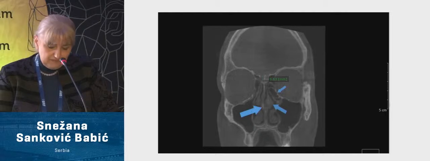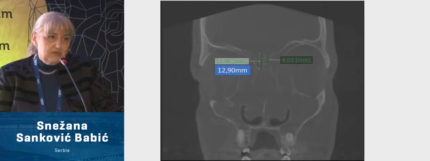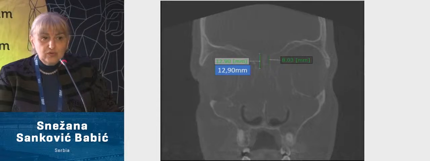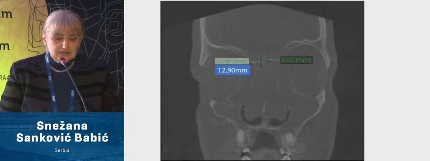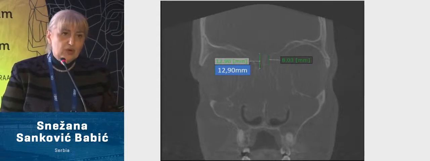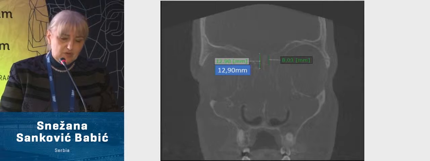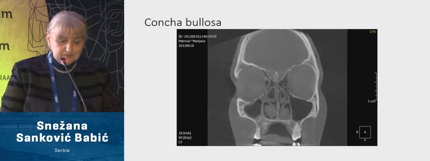We can even measure the height of the lateral lamella, label it and keep it in the operating theater on our computer. During the operation, we can see it, especially in complicated cases like this patient who had asymmetry of the lamina cribrosa. One side was a Keros 2 type and the other side was Keros 3 type.